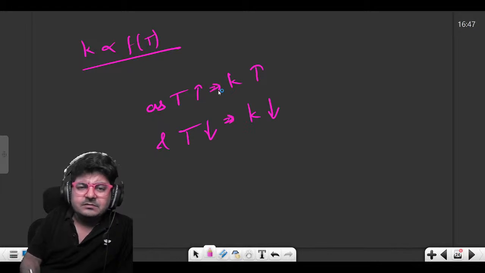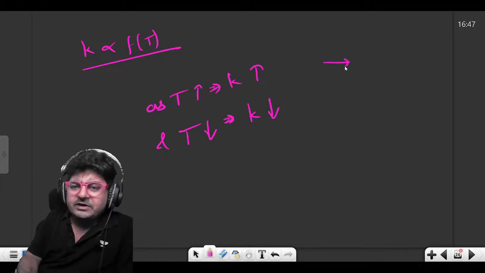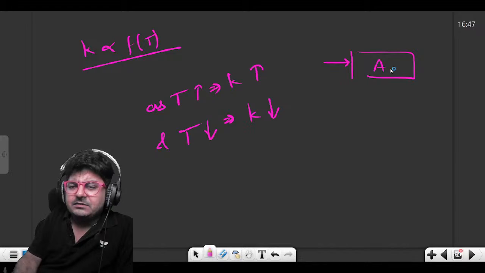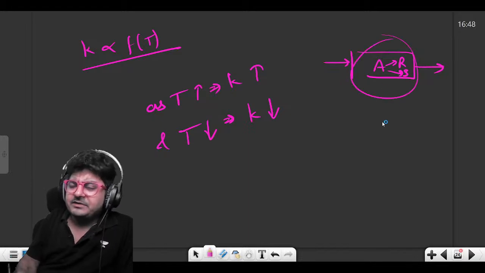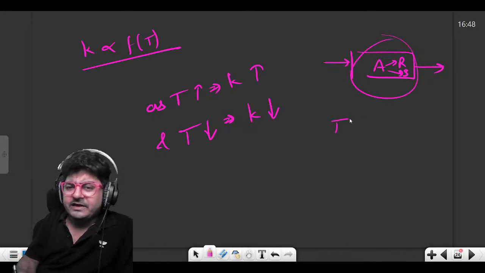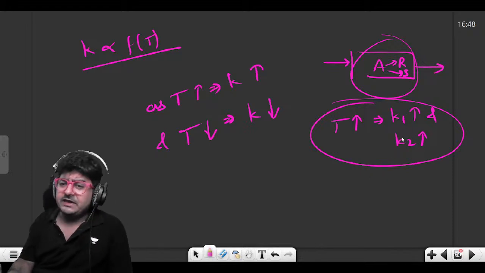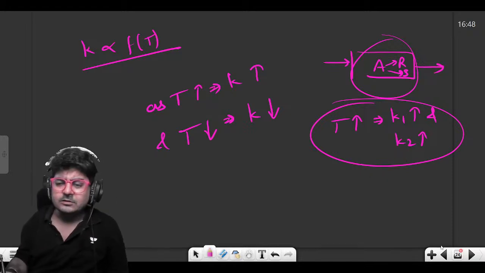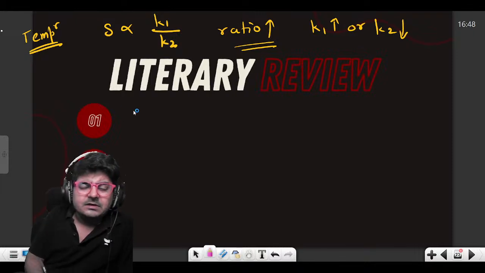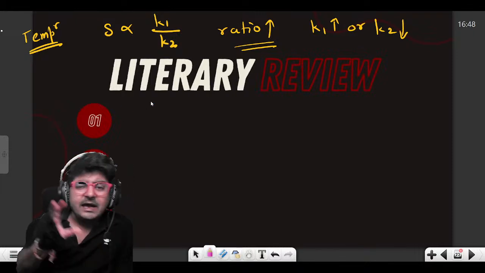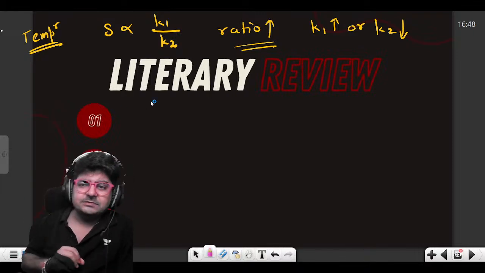You know that. तो ये जो रिएक्शन है हैपनिंग इन अ रिएक्टर, if you increase the temperature of the reactor, so K1 and K2 both will increase. And if you decrease the temperature, then K1 and K2 both will decrease. So what we will do? You know that.